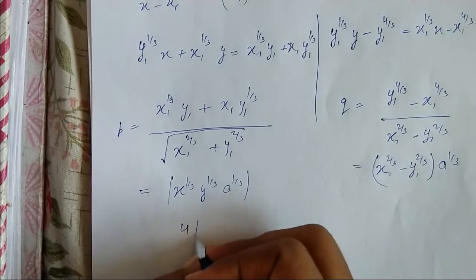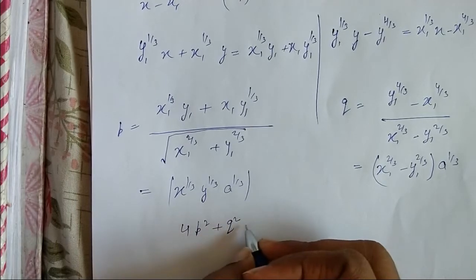So now we can calculate the value of 4p square plus q square.